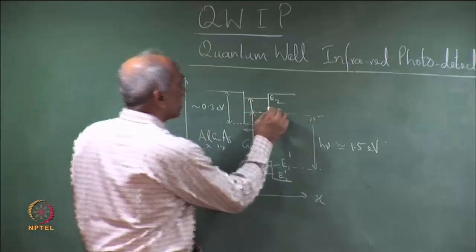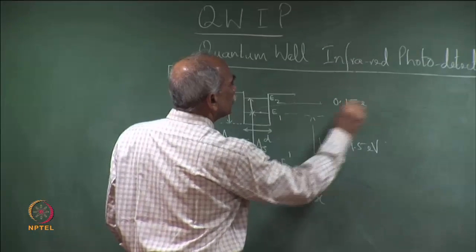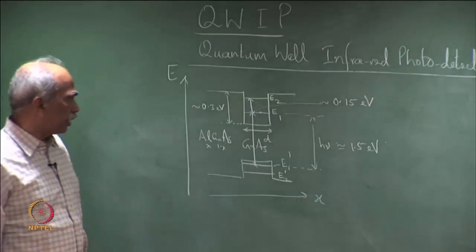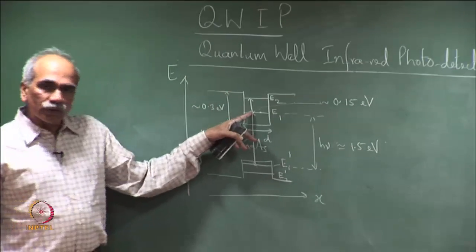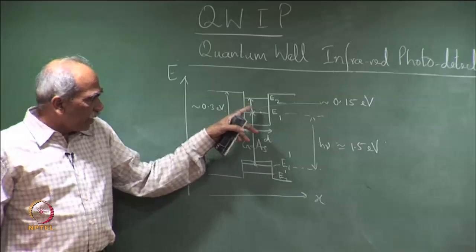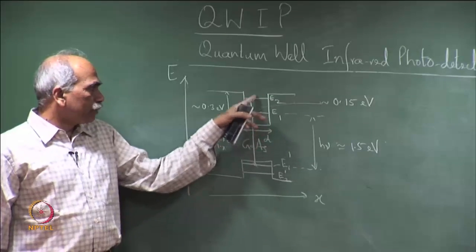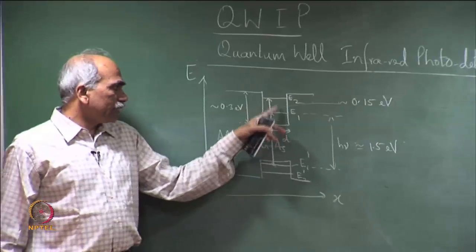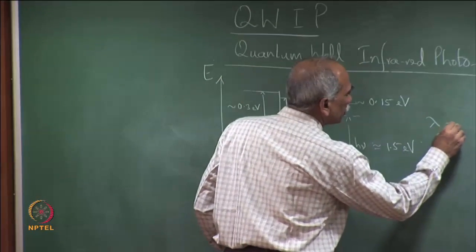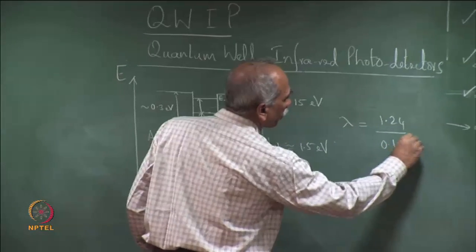This difference could be 0.2 eV or of the order of 0.15 eV, 150 meV, which means the photons which can result in an electron going from E1 to E2 by absorption correspond to a wavelength lambda equal to 1.24 divided by 0.15 eV.